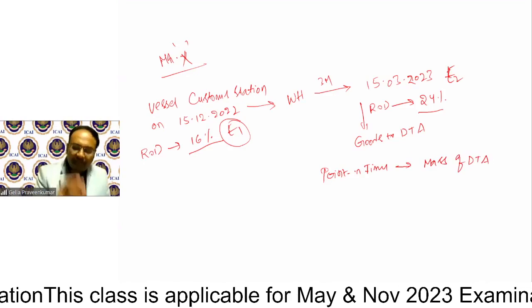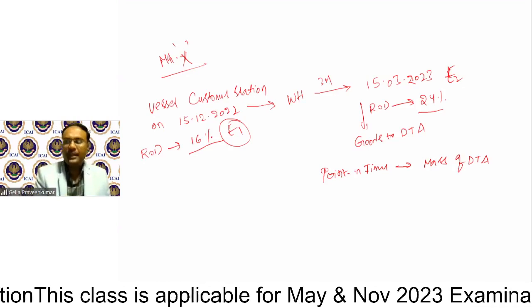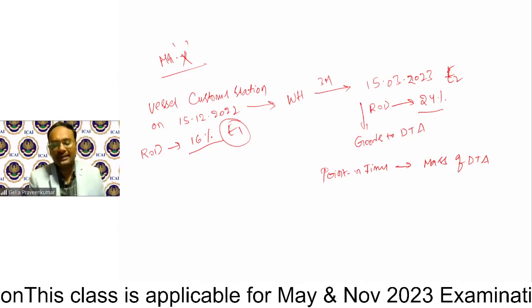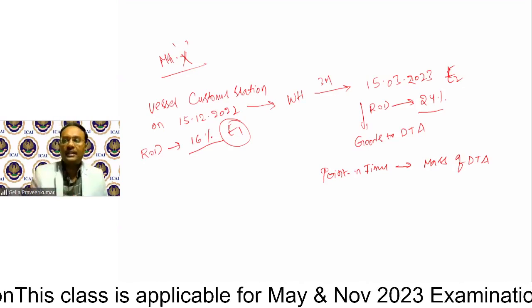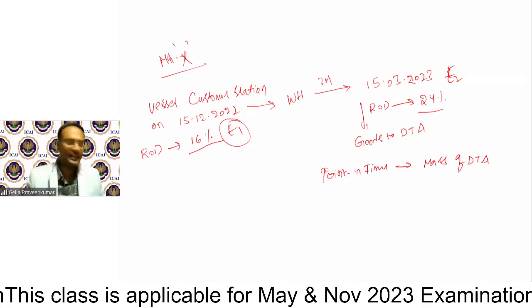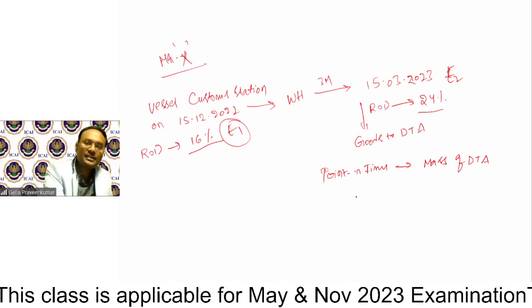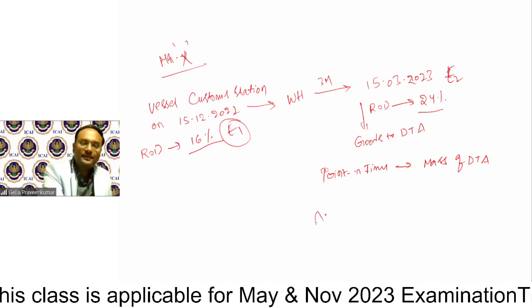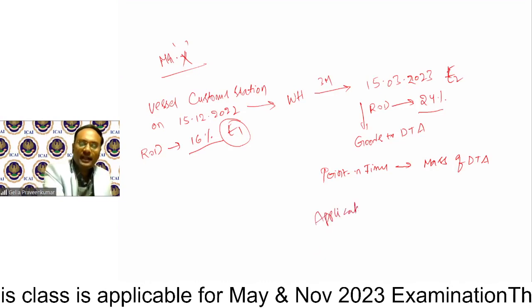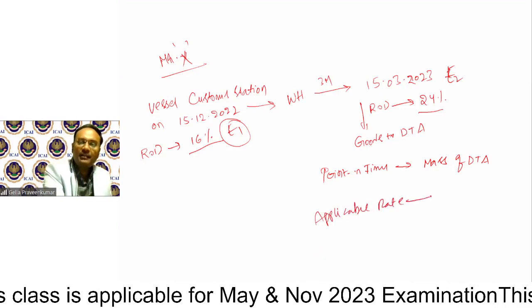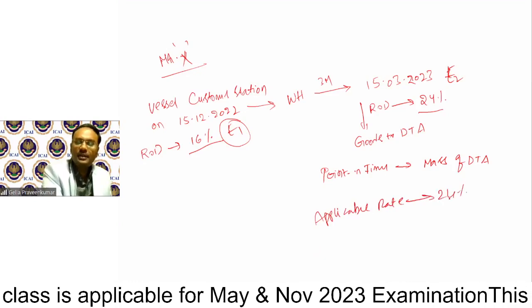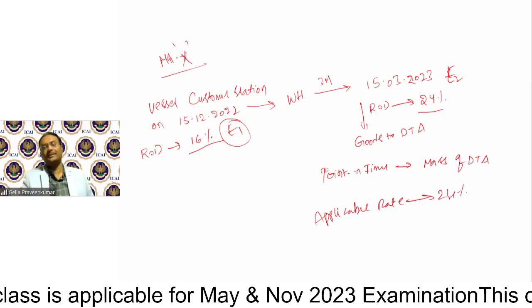Only when you have shown your interest to bring it out of your customs bonded premises is the point in time this levy going to get triggered. So in this case, the courts have held that the applicable rate happens to be 24%. Applicable duty happens to be 24%.